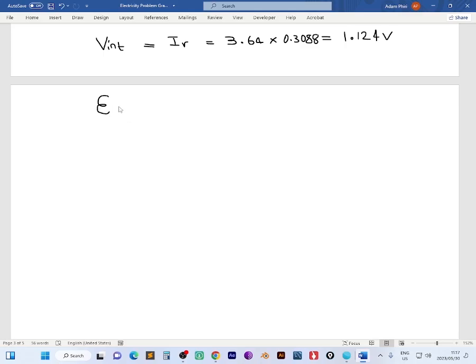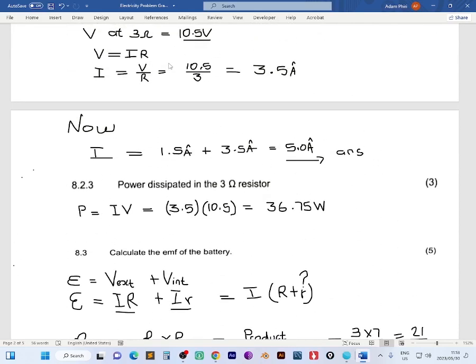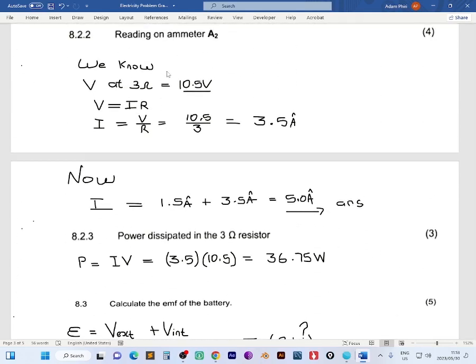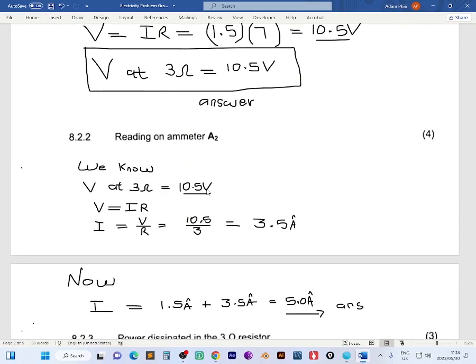Now we have the electromotive force. Electromotive force is potential difference external plus potential difference internal. So you can see that potential difference external was calculated, and we are looking for the value of potential difference internal.